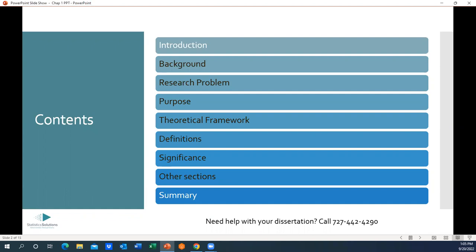In other words, your research design, your research questions, how you're going to collect data. That is all worked out in much more detail in chapter 3, the method section, but sometimes there are sections in chapter 1 that talk about the how. All right, so those are the big areas that chapter 1 hits. And these are the sections. Let's move into each one now.